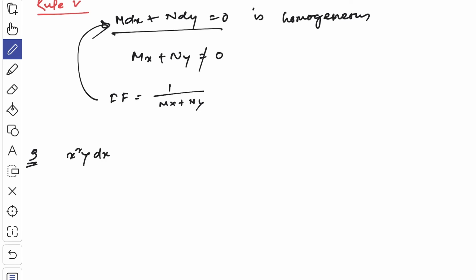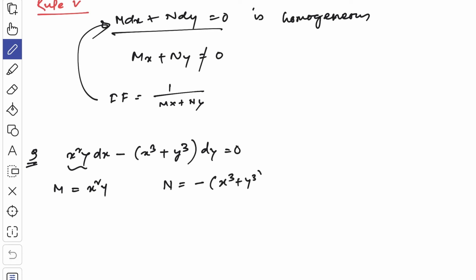x square y dx minus (x cube plus y cube) dy is equal to 0. So here this one is M, x square y, N is equal to minus (x cube plus y cube), and so Mx will be x cube y, and Ny is going to be equal to minus x cube y minus y to the power 4.